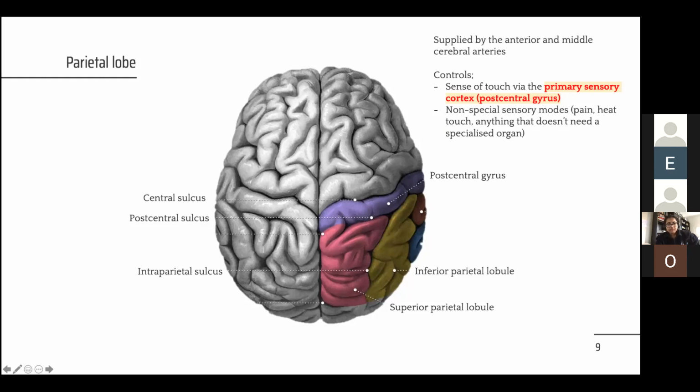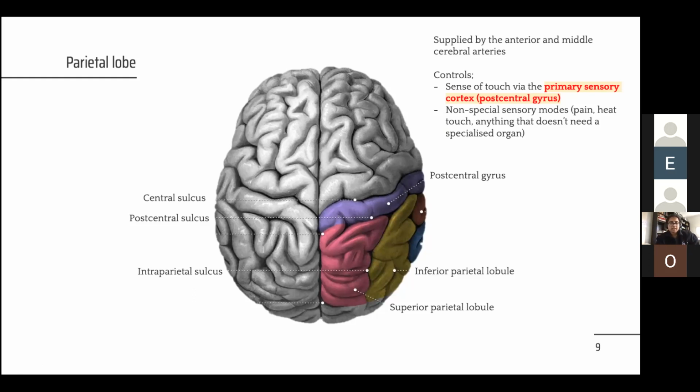Because the parietal lobe has this primary sensory cortex, one of its primary functions is the sense of touch. In particular, it's the non-special sense of touch, so anything that doesn't need its own specialized organ. It's not going to control vision, hearing or taste. It's just going to control things like pain, touch, heat, that sort of stuff.